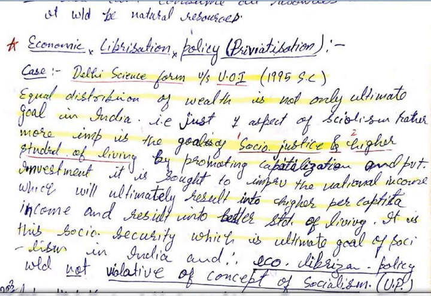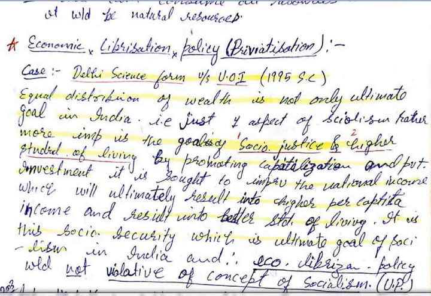So it is some kind of compromise with 39B and C, and 39B and C is not the ultimate goal. तो ये कुछ compromise तो है 39B and C के concept के साथ, but 39B and C का जो concept है is not the ultimate goal of the concept of socialism in India.